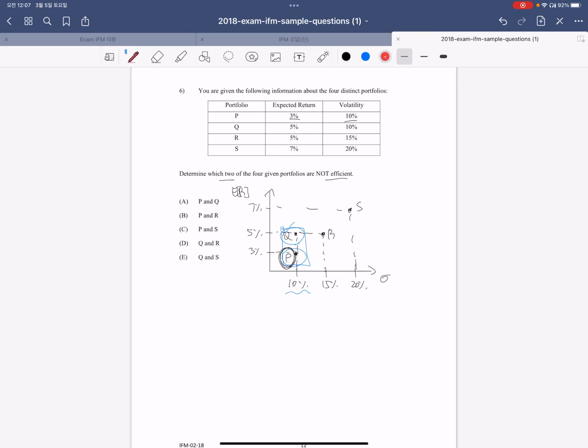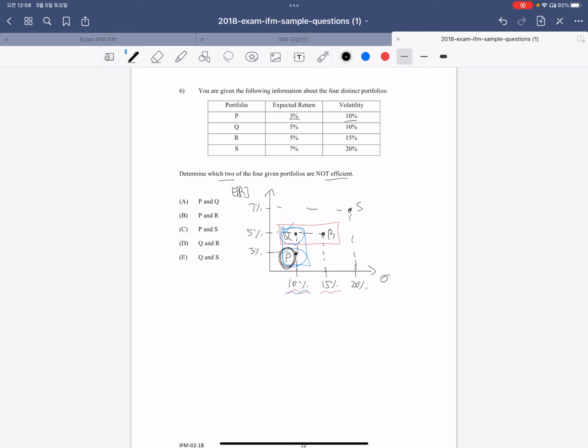And looking at Q and R, where we have the same expected return, one has a volatility of 10% and one has a volatility of 15%. So as I mentioned earlier, we want to have as little volatility as possible with the highest return. So if you're having the same return, you want to have a less volatile portfolio.